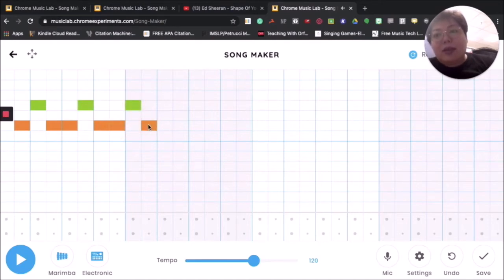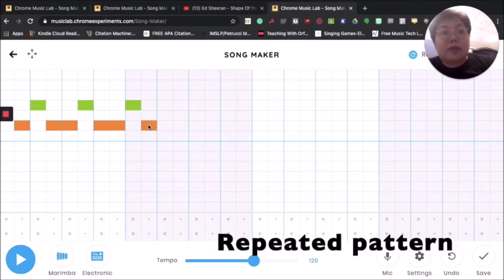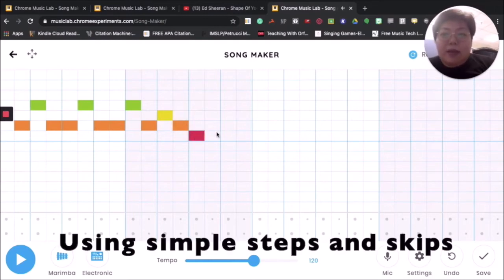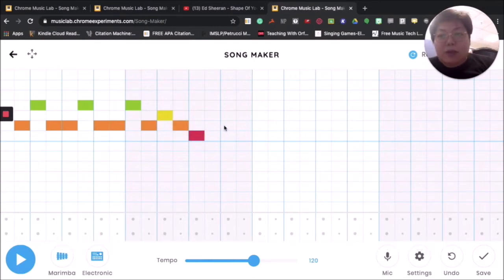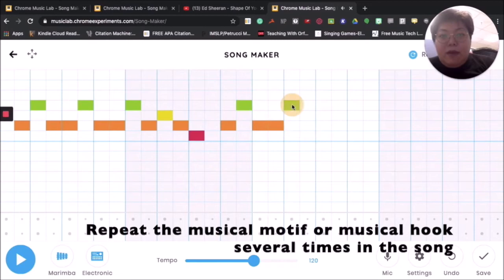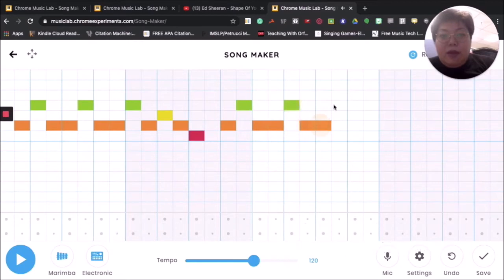So you see, this Re, Fa, Re, it repeats itself a few times, and you end with Mi, Re, Do. And then they repeat and Ed Sheeran will repeat this musical hook again.